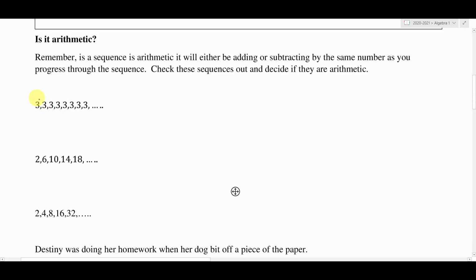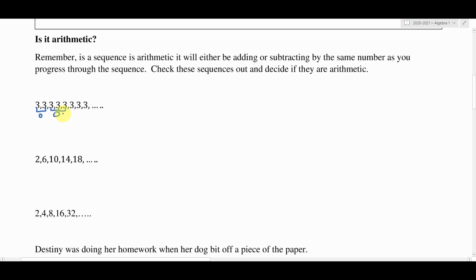All right, so when I look at my first sequence here, if I were to go from term 1 to term 2, I'm going from 3 to 3. So I've got to think, what would I add to go from 3 to 3? Well, that would be 0. Then you've got to verify that it stays the same for any two consecutive terms, right? So if I added 0 here, then did I add 0 here? And I did, right? 3 plus 0 is still 3.